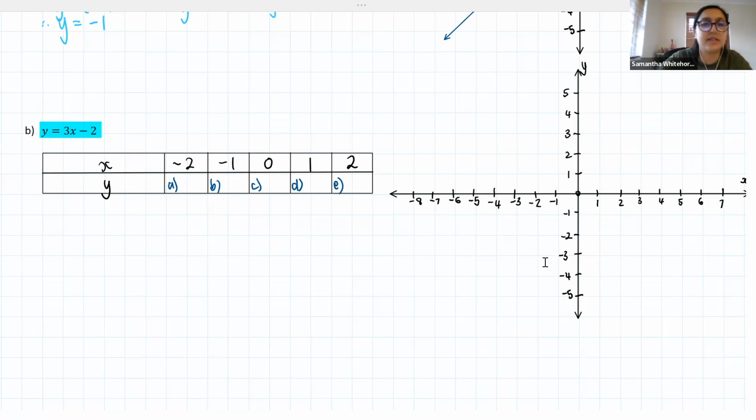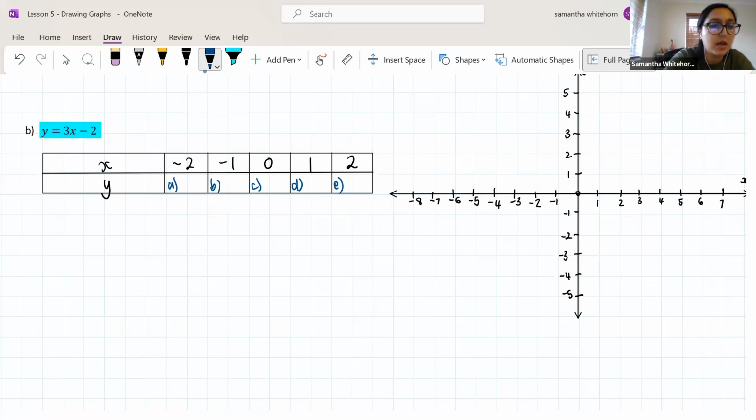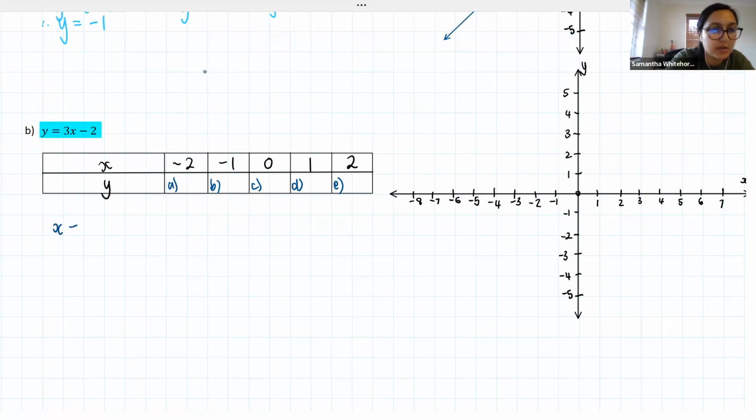Right, let's have a see. I'll do the first one or two in terms of showing you the substitution. Obviously, if you need help, you just shout. If we've got x equals minus 2, we're going to substitute into our equation, which is y equals 3x minus 2. So I'm going to replace that x with a negative 2.